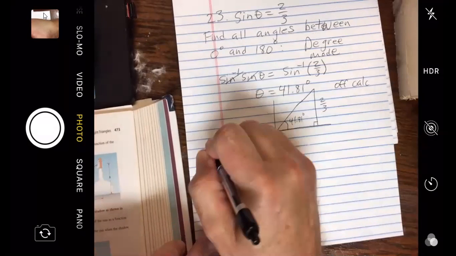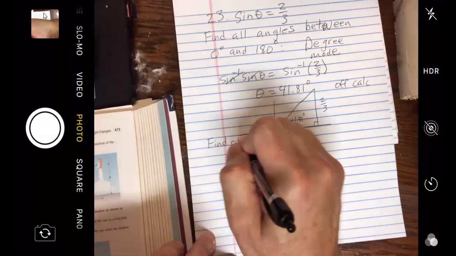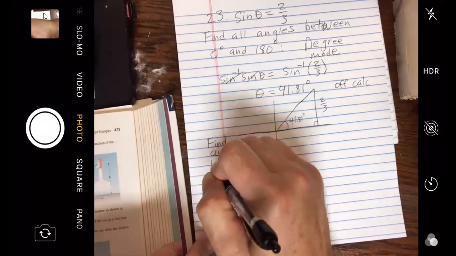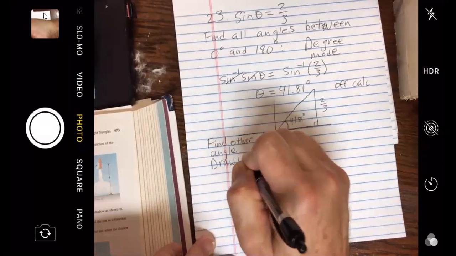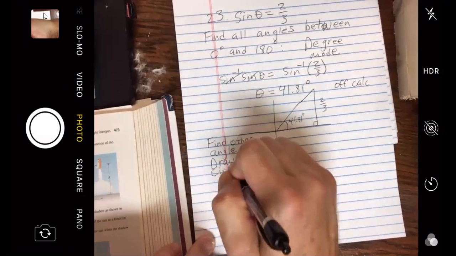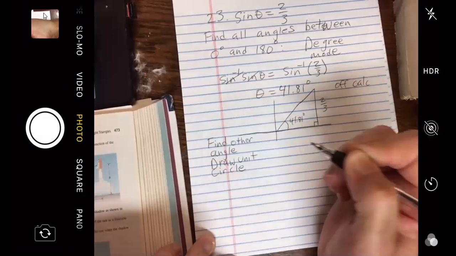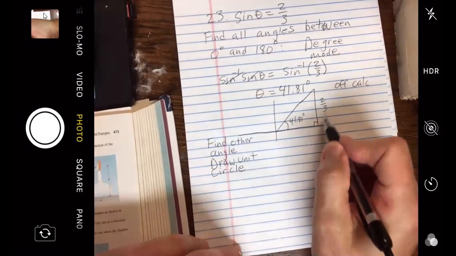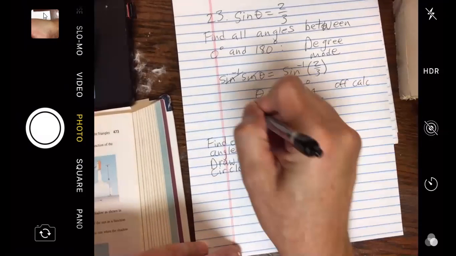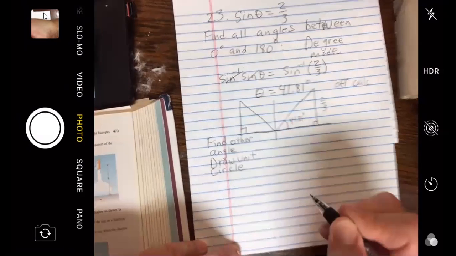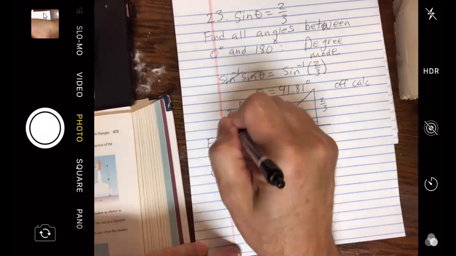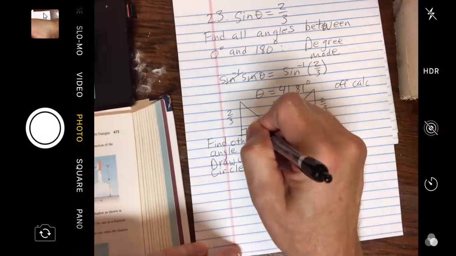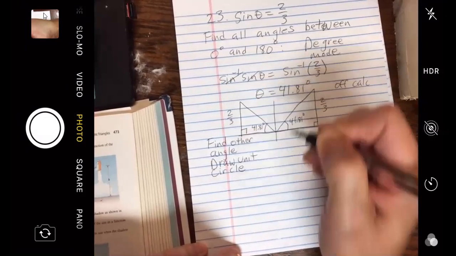To find the other angle, you draw your unit circle. All right, well, where is the other place around the circle that would have a y leg of 2/3? Well, it's got to be over here. You'd have 2/3. In effect, the calculator is programmed to give you the reference angle, 41.81 degrees.